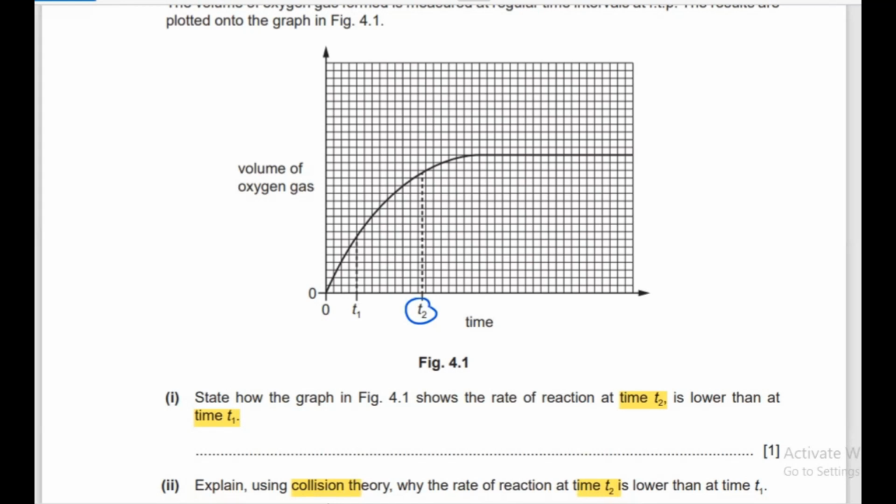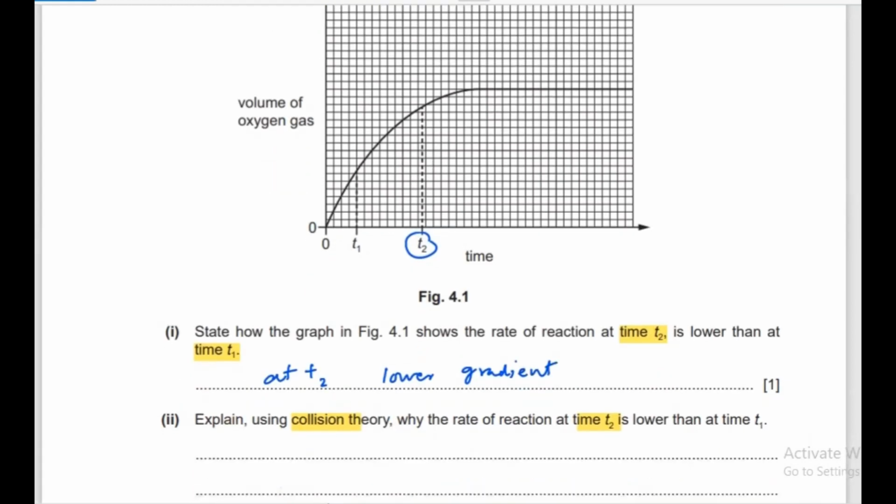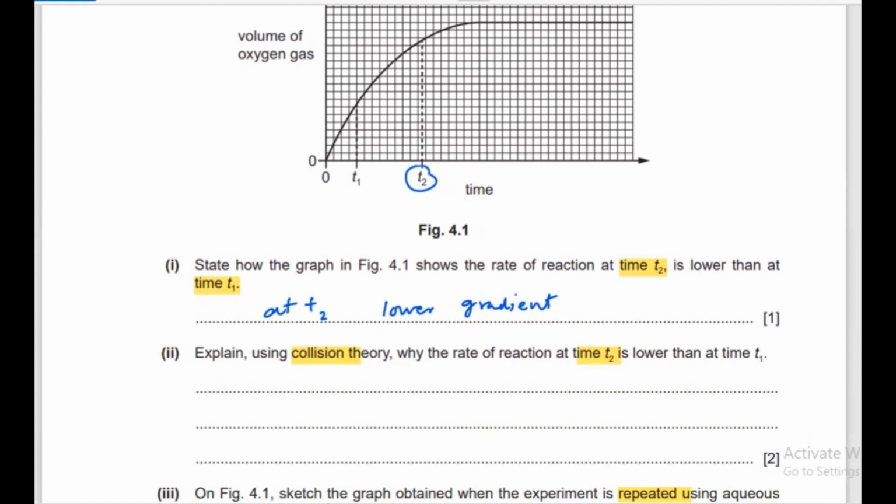So if you look at the curve, the curve gets less steep. So that's why we can say at time T2, there is a lower gradient because the curve gets less steep.